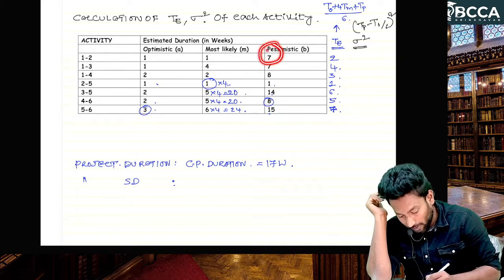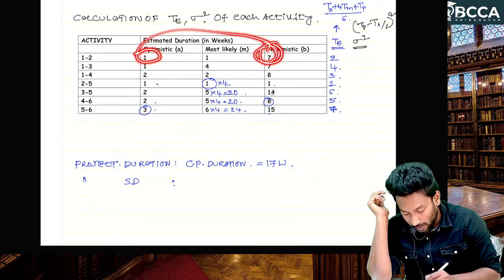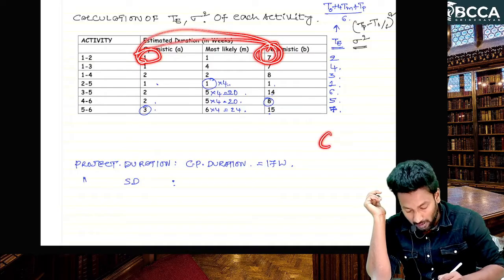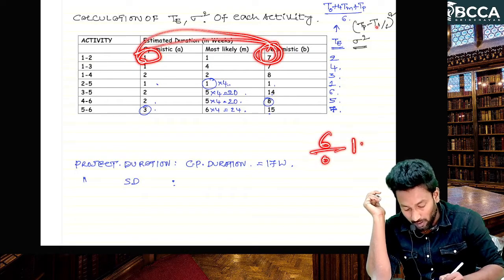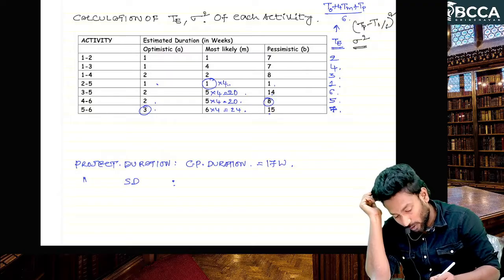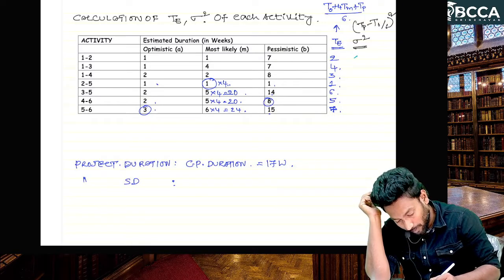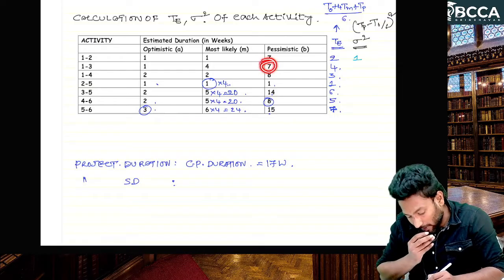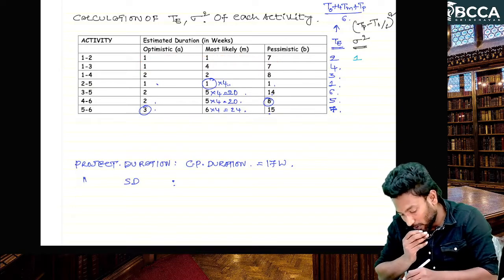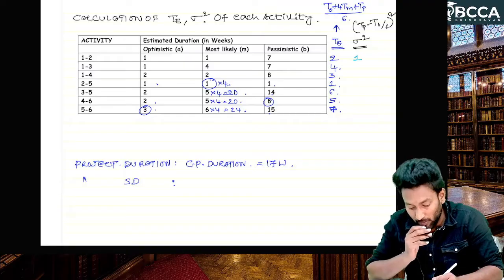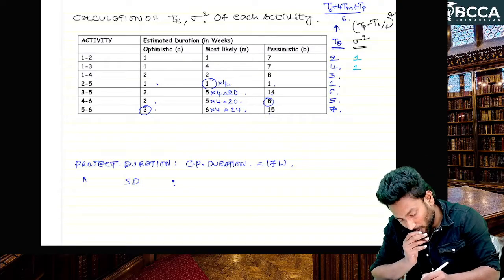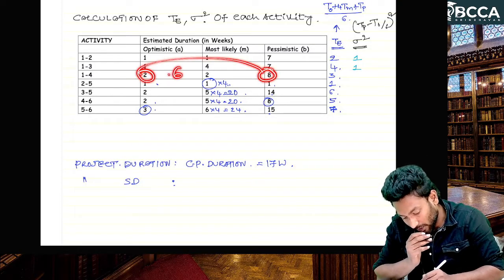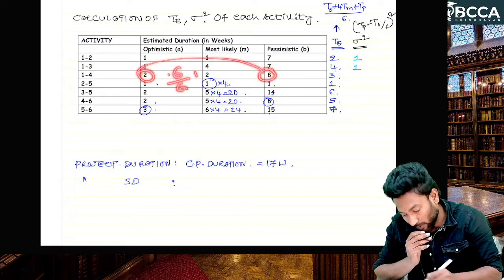TP 7, optimistic time 1, 7 minus 1, 6, 6 by 6, 1, 1 square, 1 only. Next activity, 7 minus 1, 6, 6 by 6, 1, 1 square, 1. Then 8 minus 2, 6, 6 by 6, 1, 1 square, 1 again.